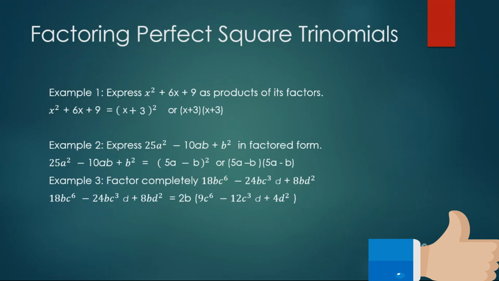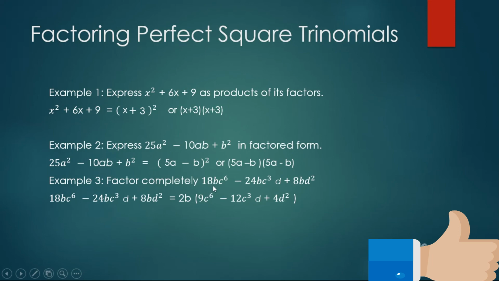Kaya, ang GCF po ng 18bc raised to the 6, 24bc cubed d, 8bd ay 2b. Paano po naging 2b? Kasi po, ang GCF ng 18, 24, at 8 ay 2. At ang common po na variable niya ay b.